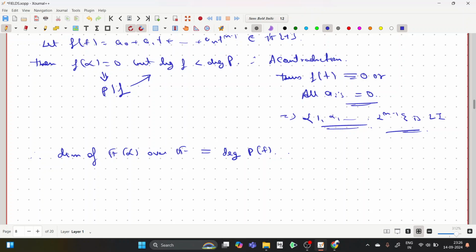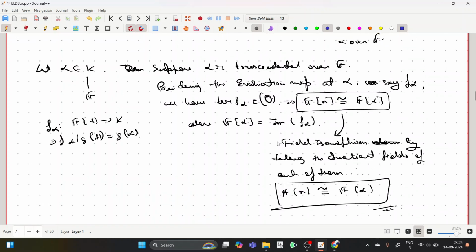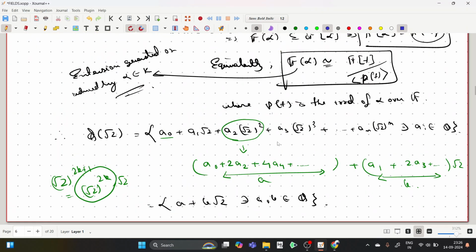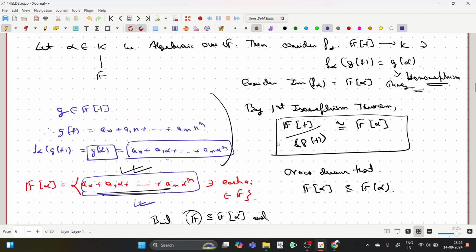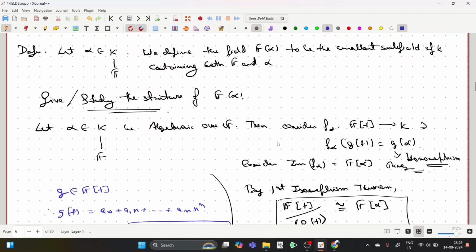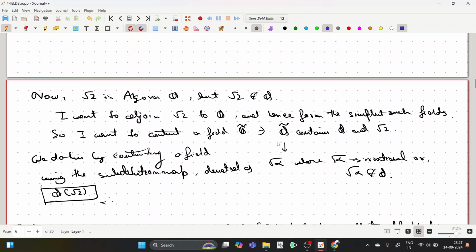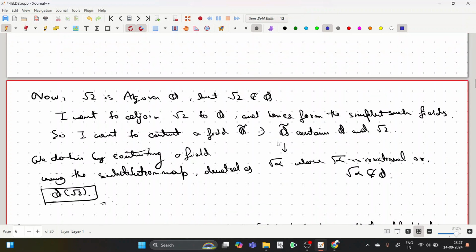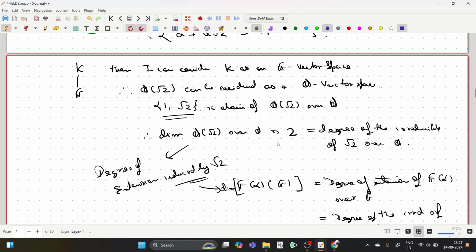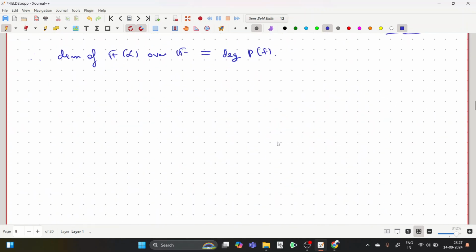Okay, so one remark which I should have given, have I given this: if I choose an element from the field inside a field extension, then that is evidently algebraic. Let me just add it as a remark. Let alpha be an element of K over F, a field extension.